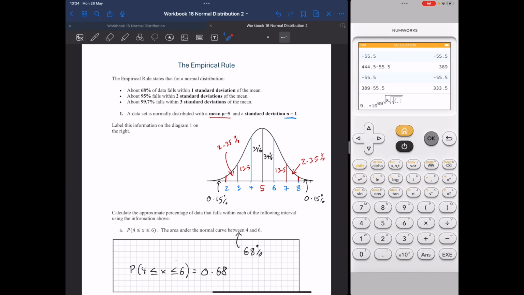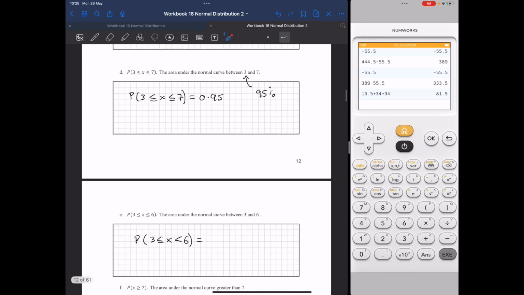I'll just clear this. So we're going 13.5, that's this first one here. Then I'm going to add up this and this between 3 and 6, plus 34 plus 34, and that equals 81.5, as you can see in the calculator on the right.